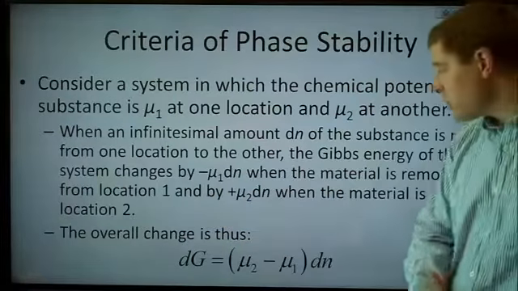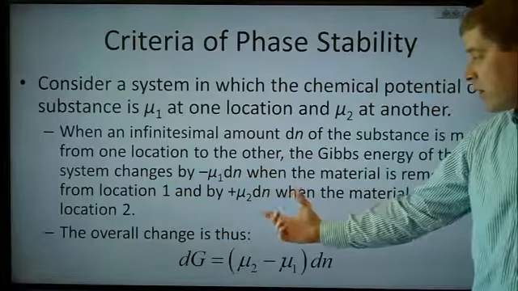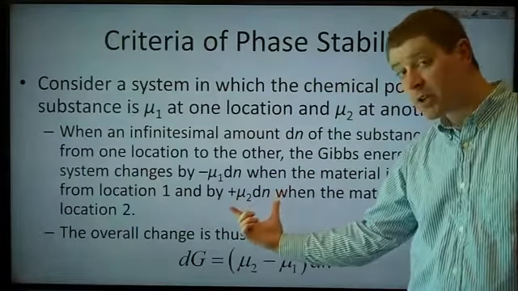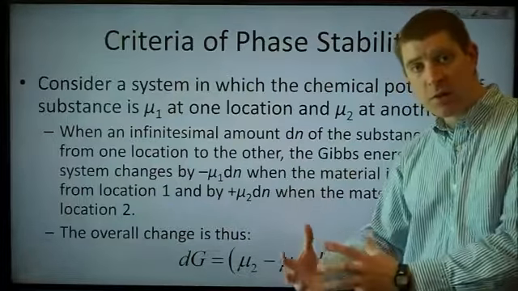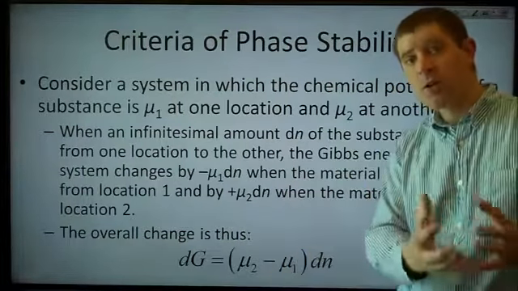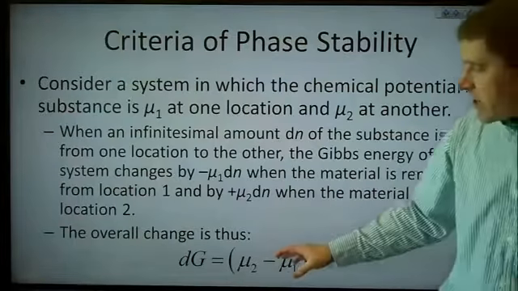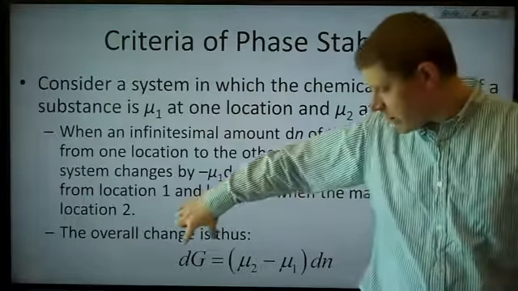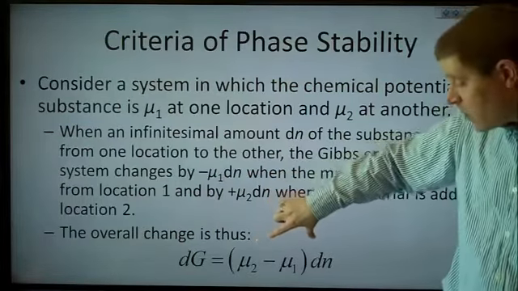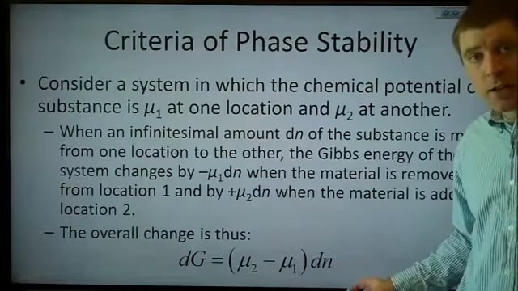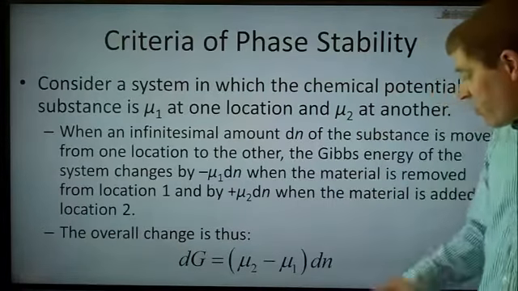And when we move it to location 2, the change is plus mu2 dn, because that material now has whatever the chemical potential is at the second location. And so the overall change, dG, is equal to mu2 minus mu1 times dn, the infinitesimally small amount of material that we've moved from one location to the other.